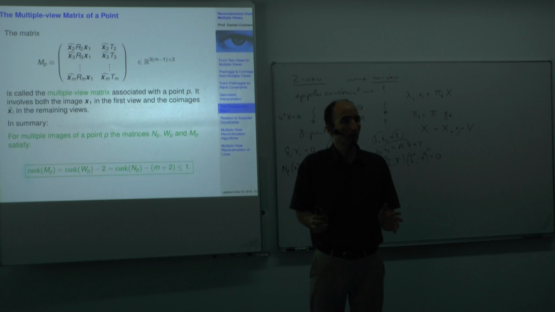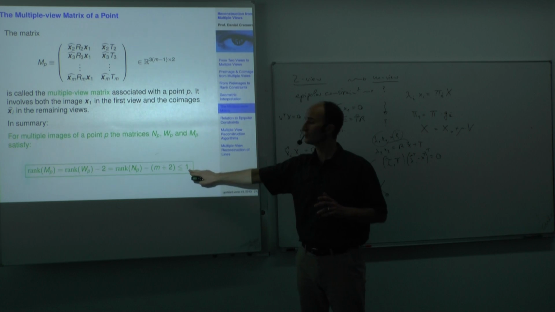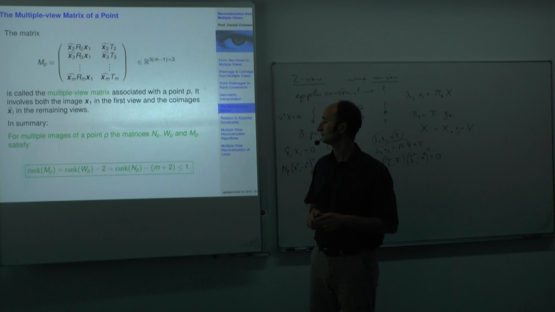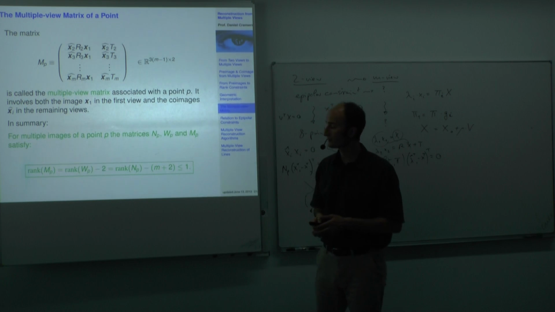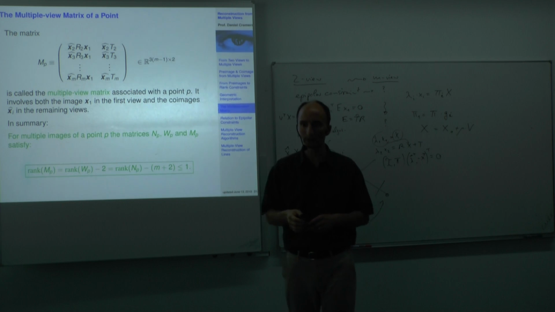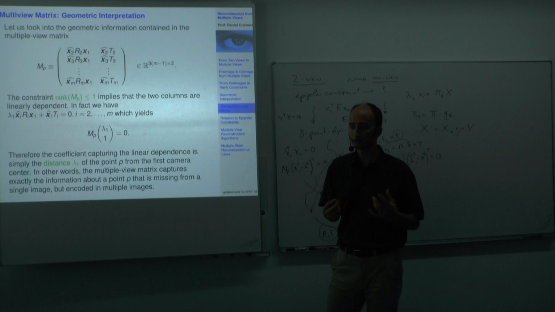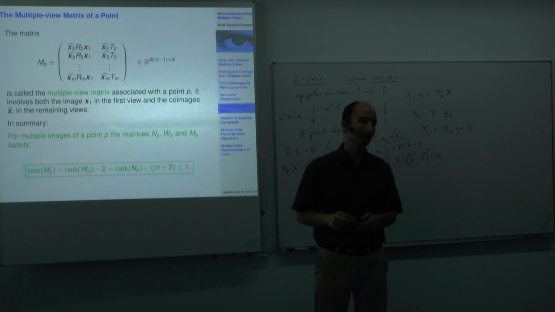It has 2 columns, so it can have rank 2 in principle, but for a reconstruction to exist, we need it to have rank 1. So this is all I wanted to say about rank constraints for points, or this summarizes basically what we found, how we can encode the existence of a multiple view reconstruction in terms of ranks.